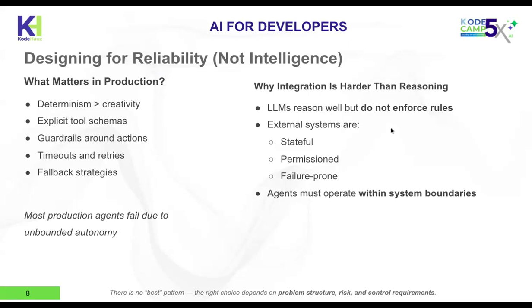Stateful means that they retain the previous state. They have permissions and they're failure prone. So these are the things you need to be aware of and ensure that your agents will operate within those boundaries. Because once you are not able to constrain the agents to operate within the system boundaries, they will damage and destroy stuff.